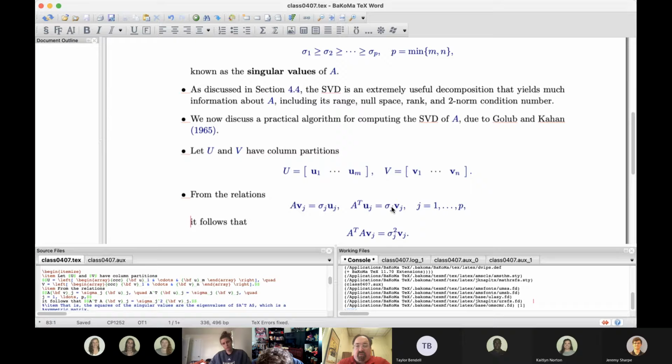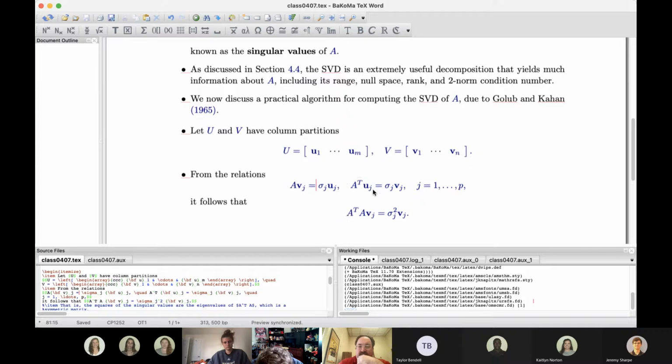So what I can do is take this equation and multiply both sides by A transpose, then I get this on the left side. On the right side, I'll have A transpose Uj, but then I use the other equation on the right side, and I'll get sigma squared Vj.